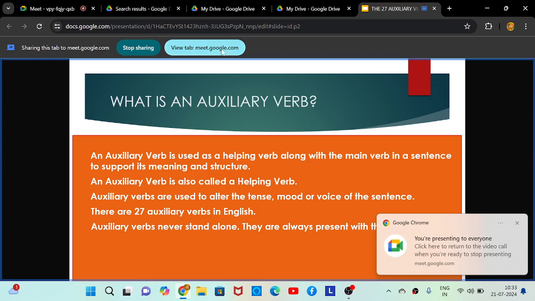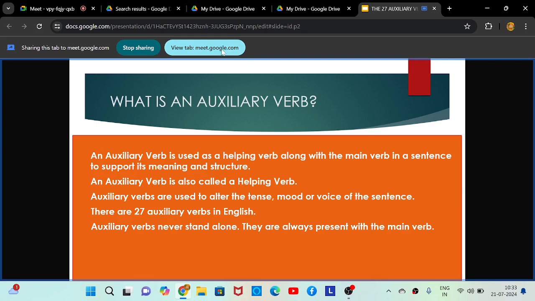An auxiliary verb is used as a helping verb along with the main verb in a sentence to support its meaning and structure. It is to give more power to the main verb. It is to enhance the structure of the main verb that we are using auxiliary verbs.